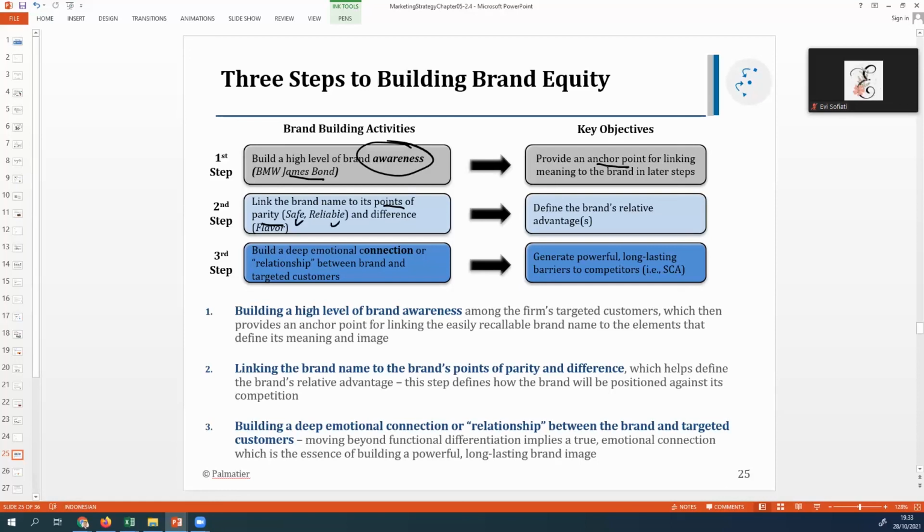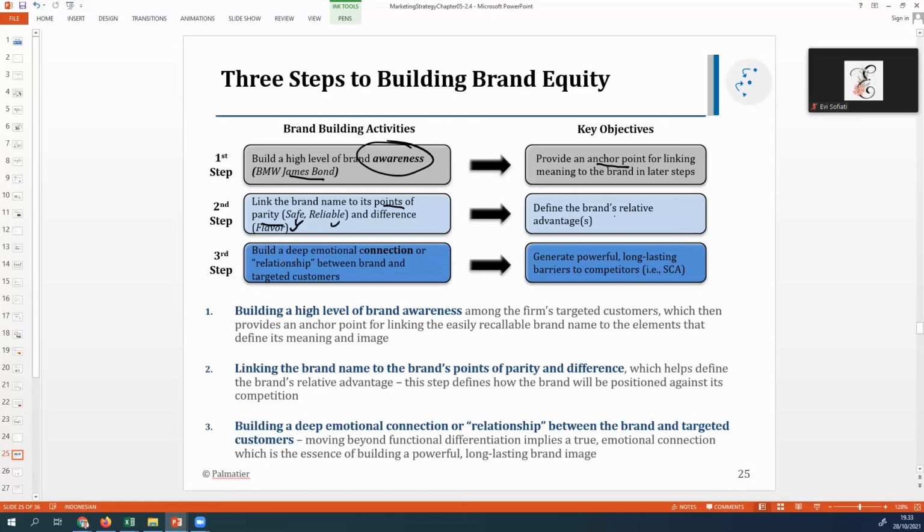And point of difference. What makes BMW different from the Mercedes? The flavor of the car. Maybe the flavor is different between BMW and Mercedes-Benz. The flavor of BMW is kind of different. So there is also the point of difference. So we need to define the brand relative advantage.